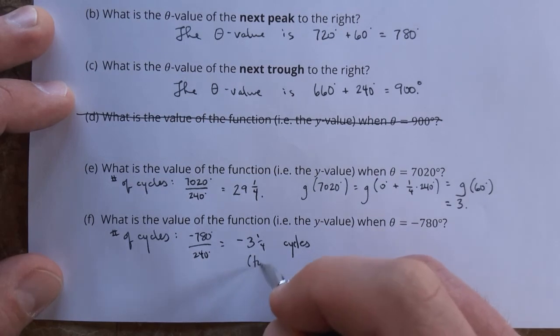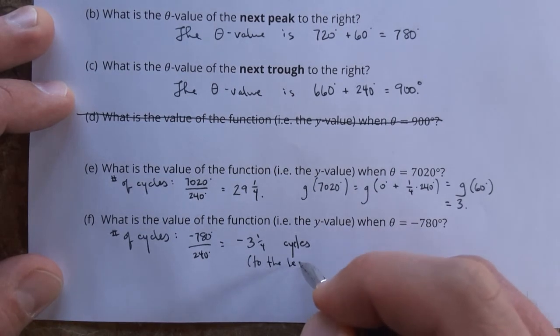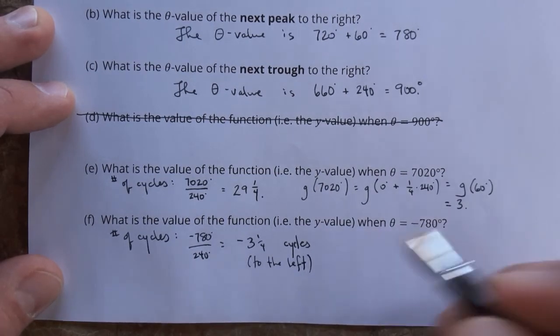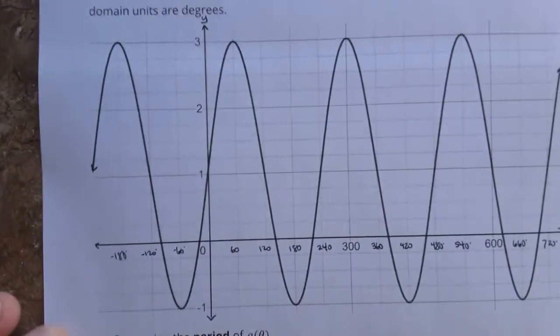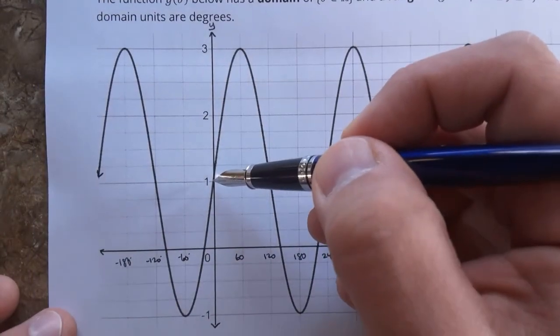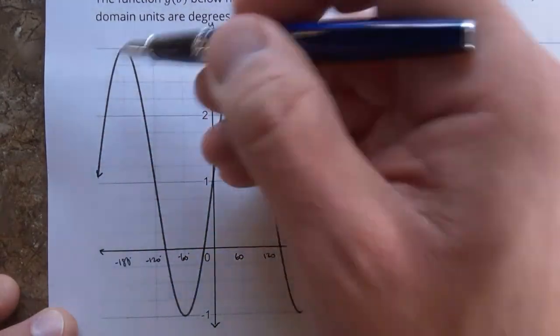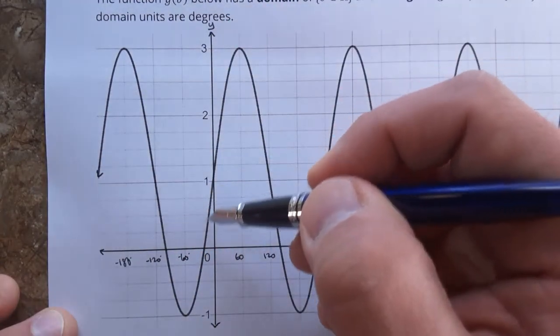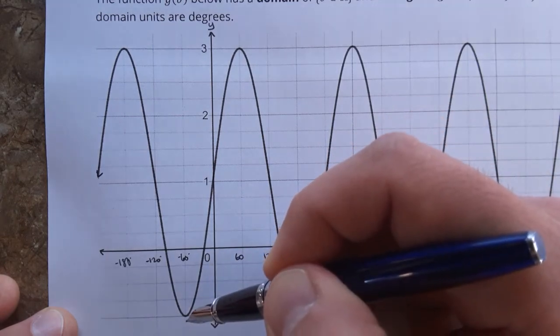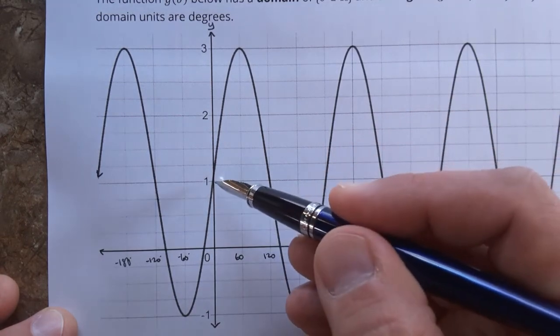So that's to the left. That means, since we're going one full cycle, 2 full cycles, 3 full cycles, and a quarter of a cycle back, we're going to be the same as if we were at negative 60.